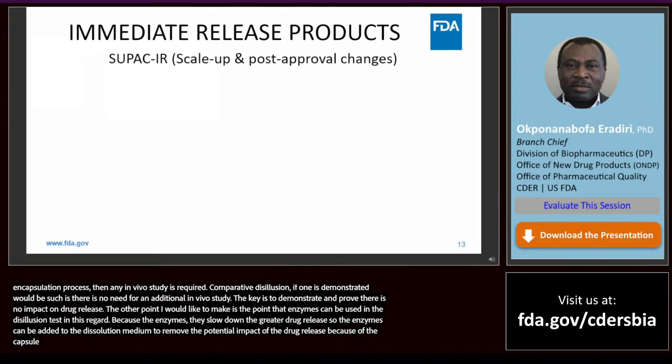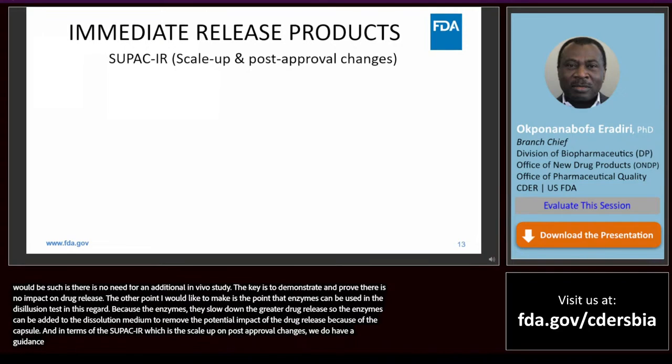And then in terms of the SUPAC IR, which is the scale-up and post-approval changes, we do have a guidance that lays out all of the details as to what the requirements are for SUPAC IR for post-approval changes.